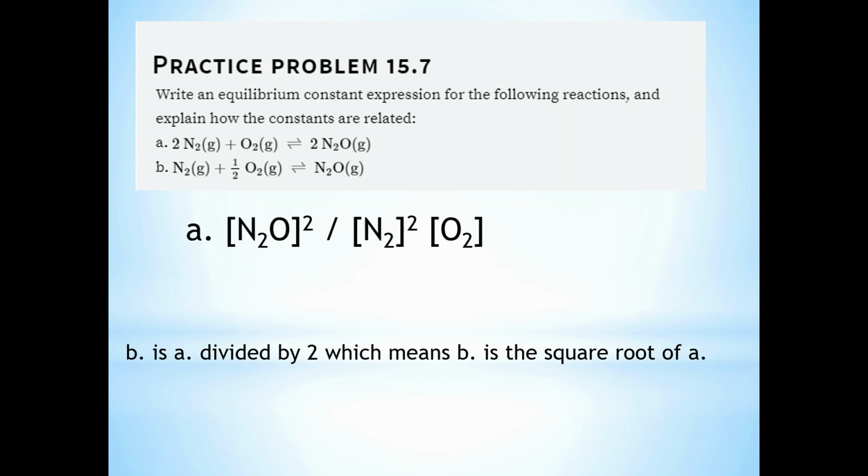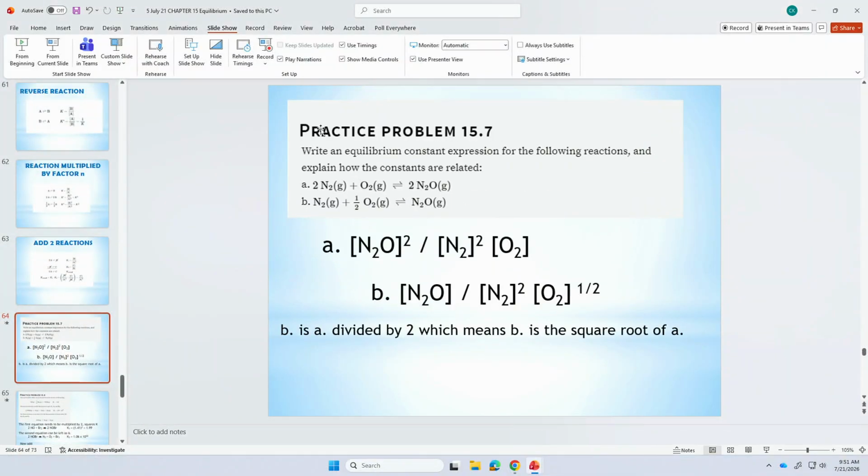So I write the reaction for A, and it's N2O squared divided by N2 squared times O2. For B, it's N2O divided by N2 times O2 to the 1/2. I really apparently had a bad day when I was doing this.